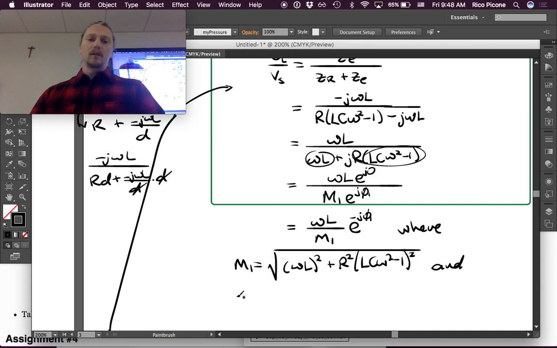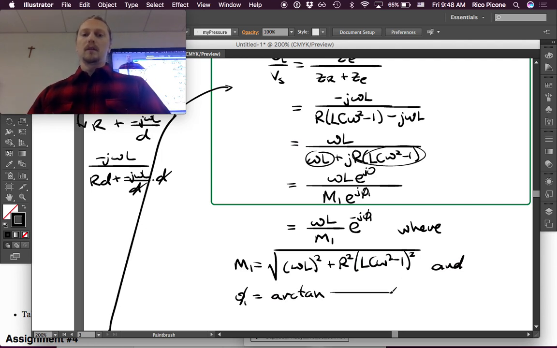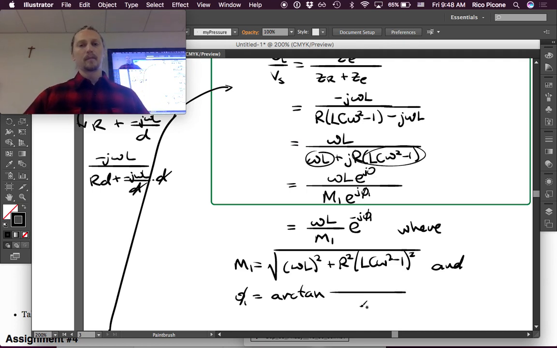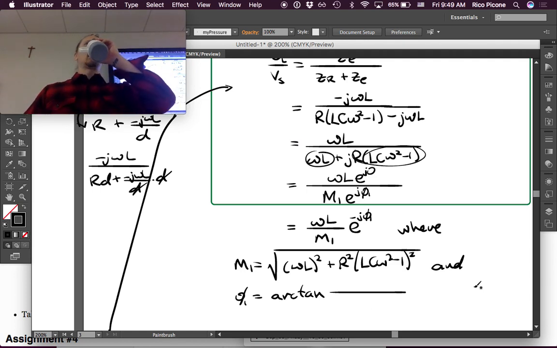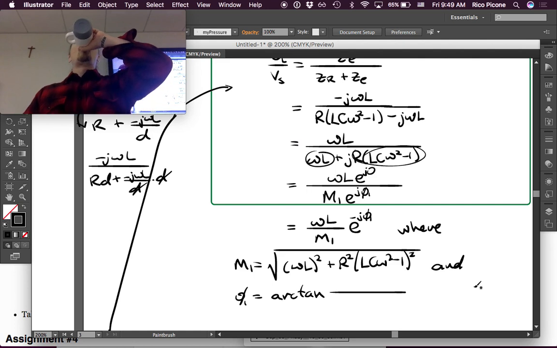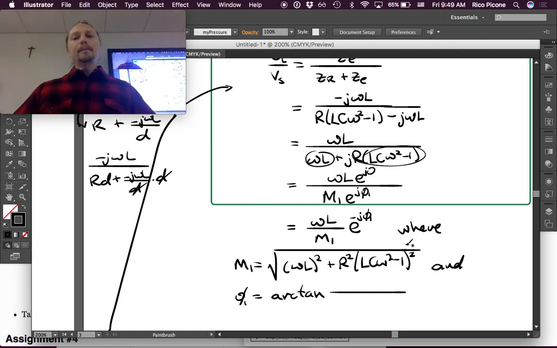And the phase is the arctan of what over what? It's imaginary over real, right? Which is the imaginary part? Isn't the j R LC omega squared minus 1 the imaginary part?